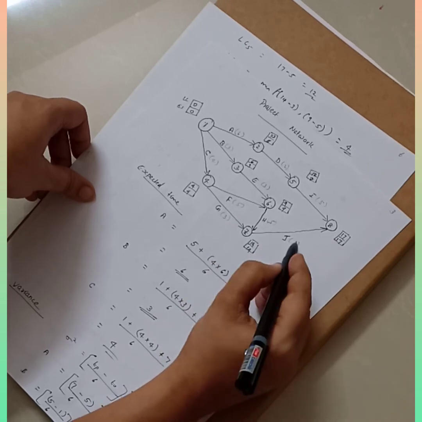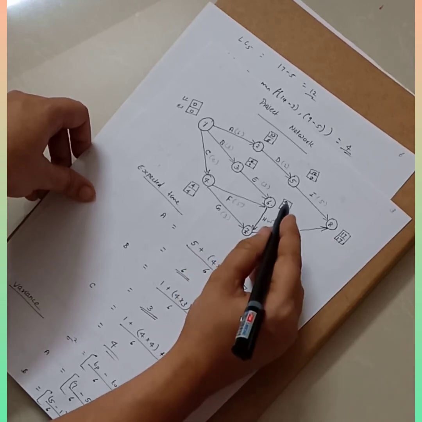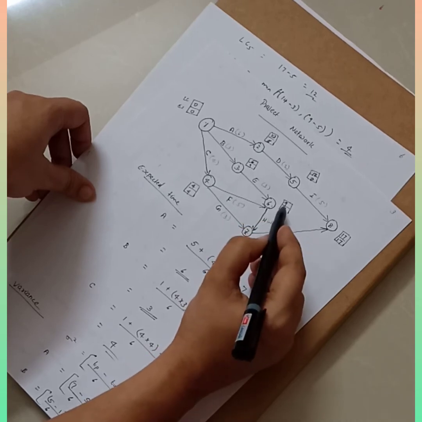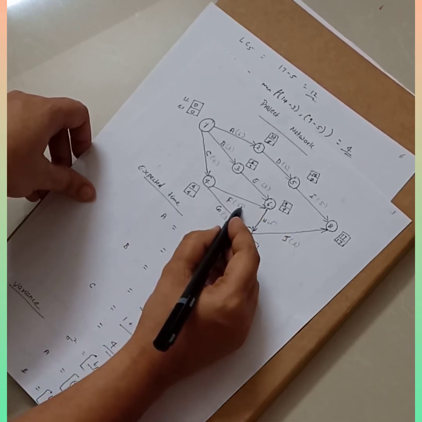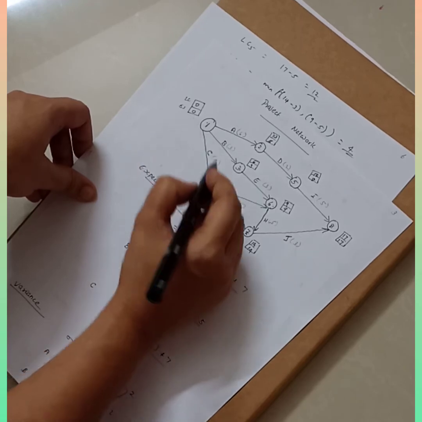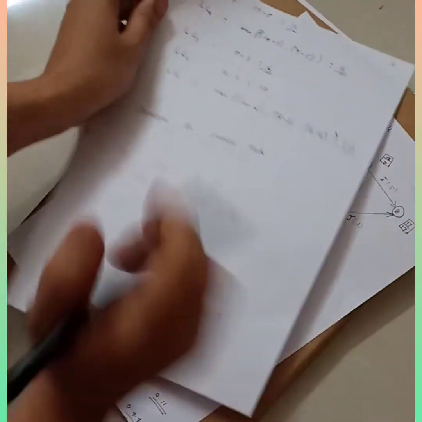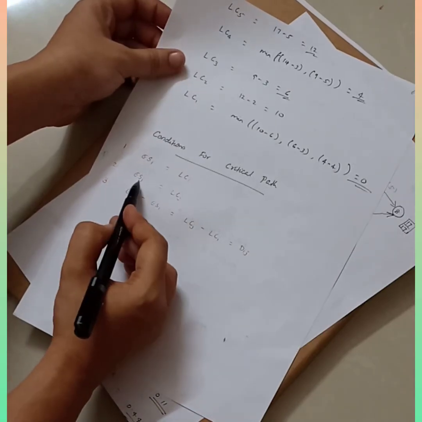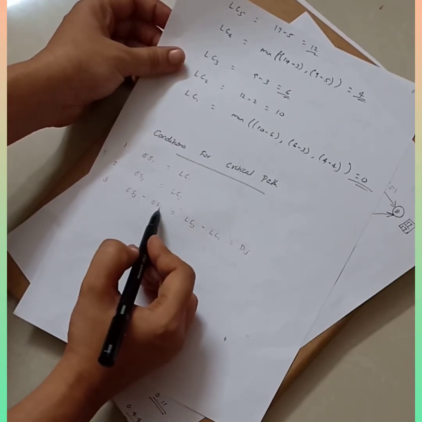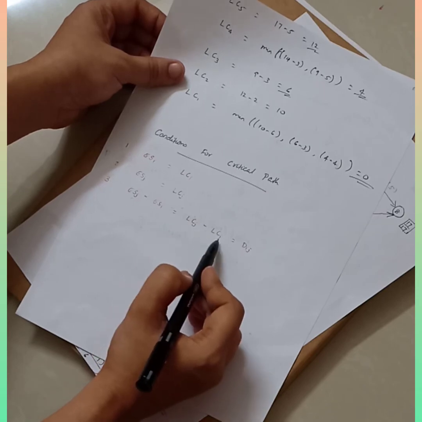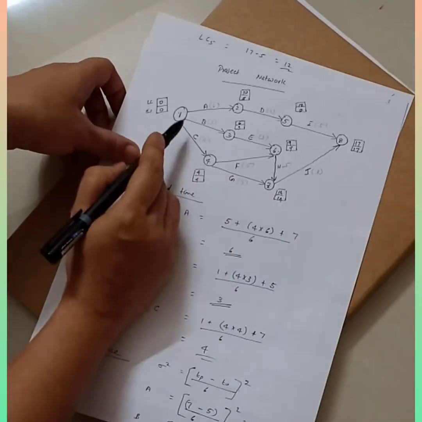Now 17 minus 14 will give you 3. Then 14 minus 9 will give you 5. 9 minus 4 will give you 5 again. Then 4 minus 0 will give you 4. So that means all the conditions are met. All the conditions for the critical path, that is ESI equal to LCI, ESJ equal to LCJ, and ESJ minus ESI equal to LCJ minus LCI, which is equal to the duration, are satisfied by these activities.